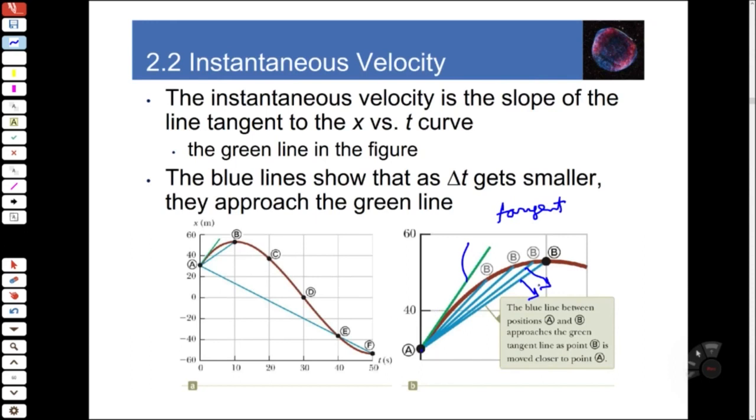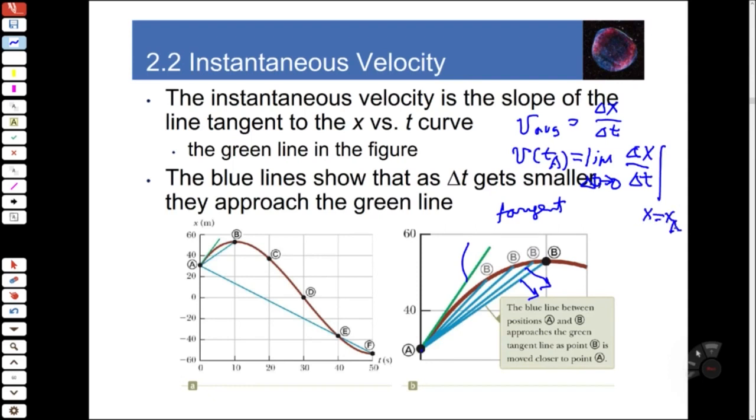Okay, so instantaneous velocity is the limit. For example, as B approaches A, the average velocity was delta x over delta t, and mathematically you can say the velocity at ta is the limit when this point approaches point A. So it's the limit when delta t goes to 0 of delta x over delta t at point x equal to xa.